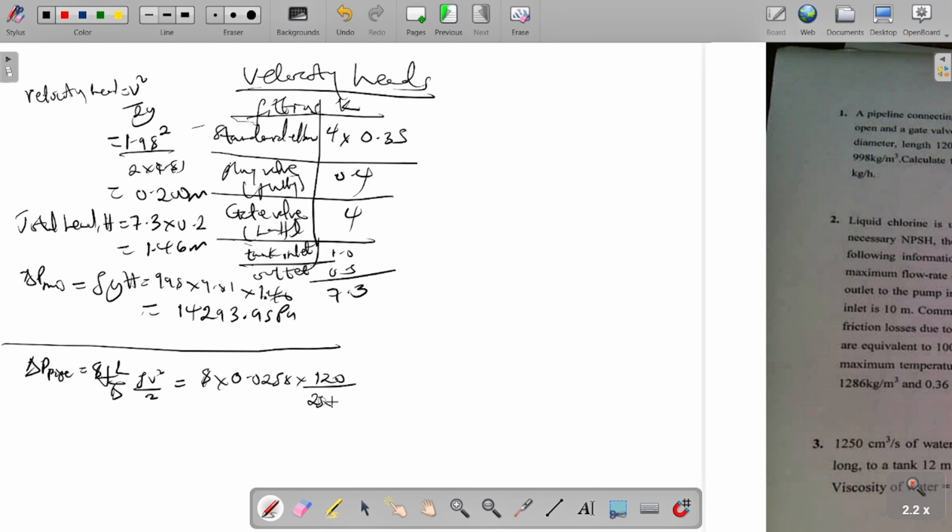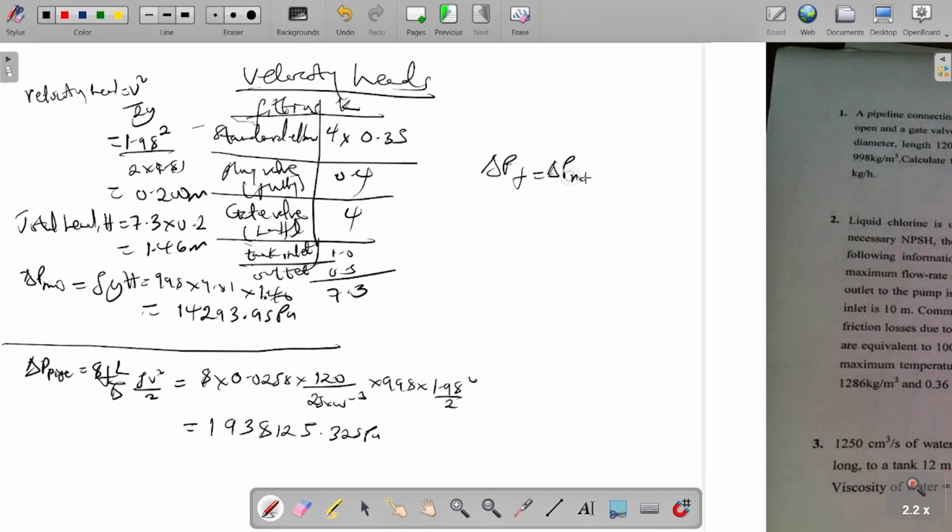Then the diameter, then the density, then the velocity. Right. So this one over here gives me a pressure drop of 1938125.325 Pascal.